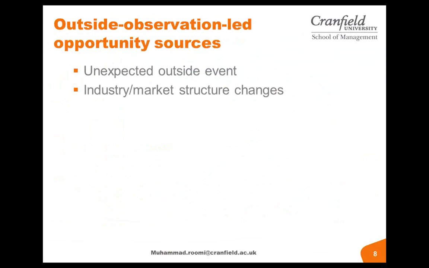Or there could be changes in methods. For example, when the mass production of cars was introduced almost 100 years ago, Ford eventually capitalized on the change in manufacturing method. But Rolls-Royce also capitalized too, but in a different way.